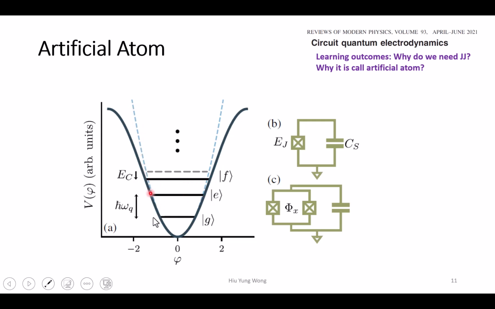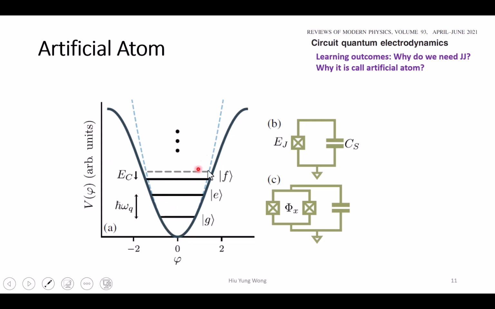Now, if you just have a parabola, you have equal spacing from the ground state to the first excited state to the second excited state. But because now we add in the Josephson junction, you will have a lower level for the second excited state, so the difference is going to be smaller.